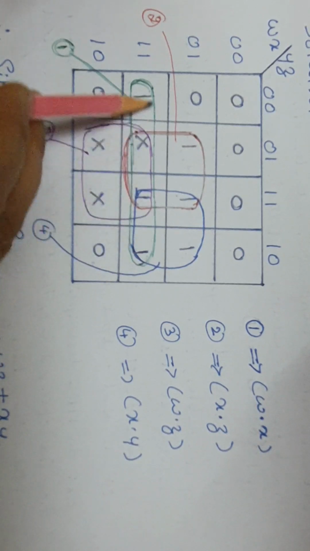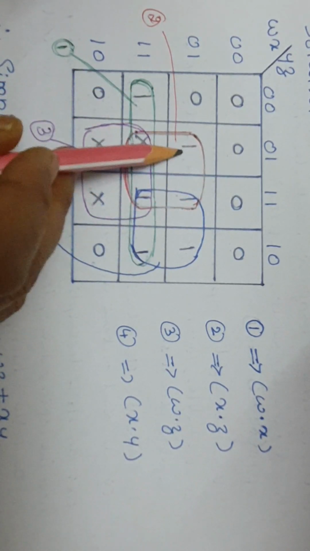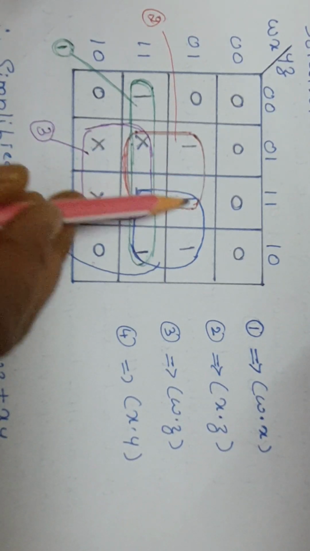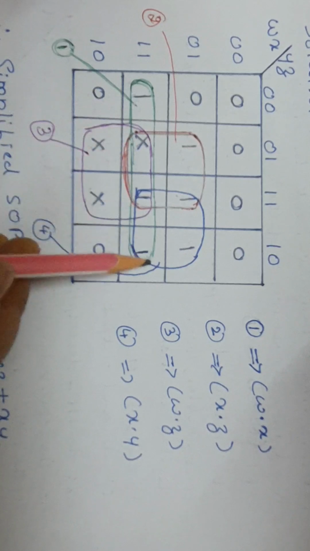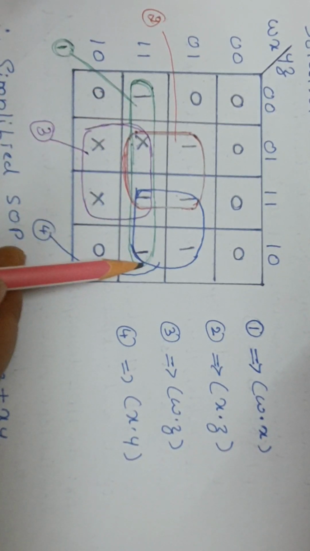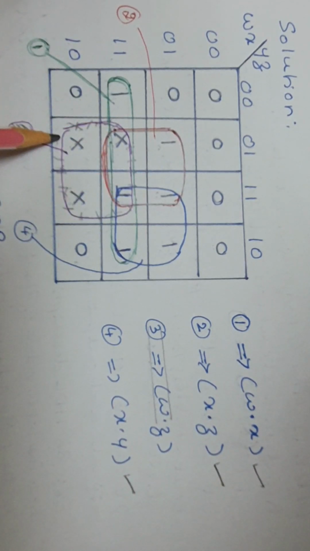So why is this group made? To cover this, because with the first group these 3 ones are covered, with the second group these 2 ones are covered. Then to cover this, one more quad is taken. Now this quad I have shown, which everybody might try to draw as one group, treating this cross as 1, but that is not needed.